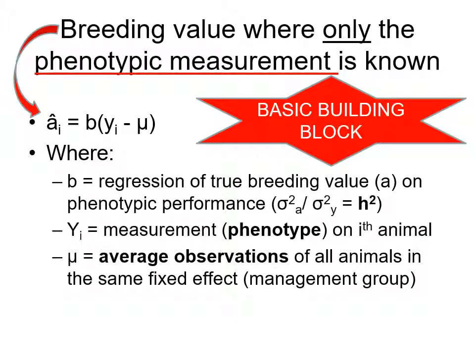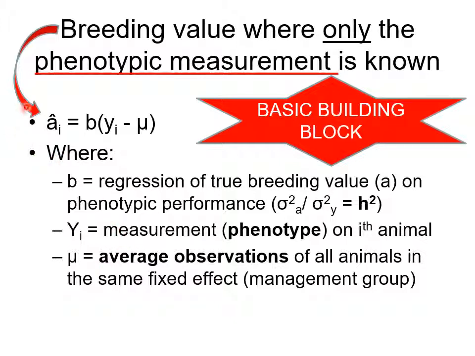They're bull calves. We weigh them in a group, and we want to predict the breeding value of those animals just based on those weights. Obviously, we know that that might not be a very accurate way of dealing with breeding values, but that's one way one can use in a very simple way to predict the breeding value.